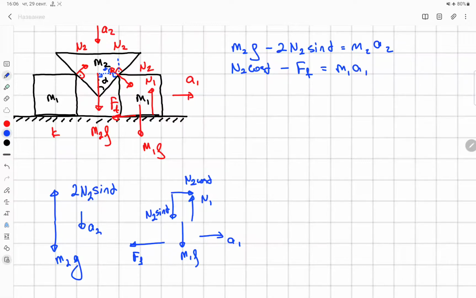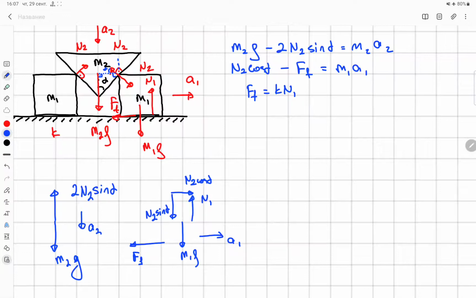Now let's come to the friction force. We are assuming that this system is moving, so the friction force has already reached its maximum value, which means coefficient of friction times N1, the reaction force between the surface and M1.